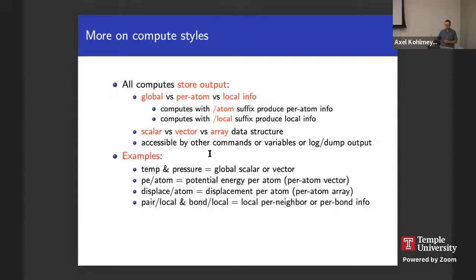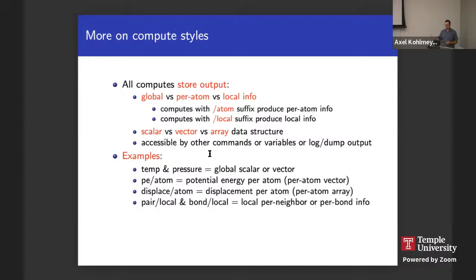So all computes store output. It can be global, per atom or local. Computes with /atom suffix produce per atom info, and with /local suffix produce local info. Scalar versus vector versus array data structure.